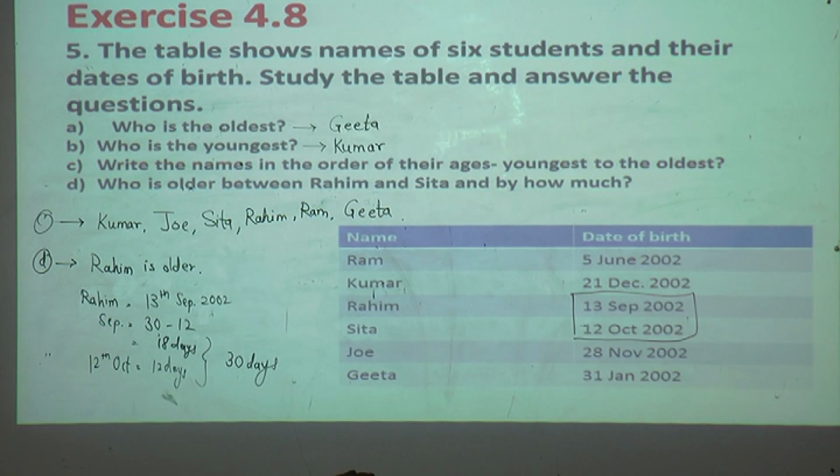By 30 days Rahim is older than Sita. In this way you write and complete this question. Here I don't have space, so I am not writing. Clear?